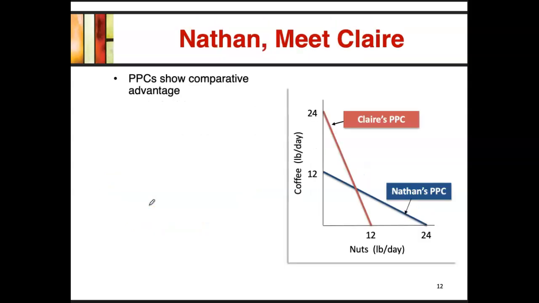Suppose now Nathan somehow meets Claire on the island. It's a small island, so they meet each other. We can construct our PPCs. And the PPC shows who has a comparative advantage in doing what.